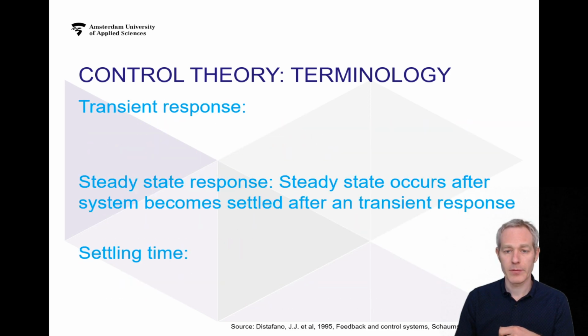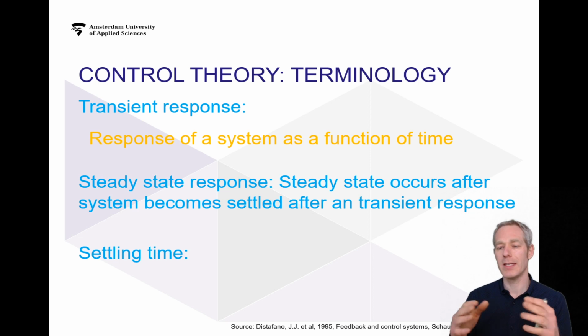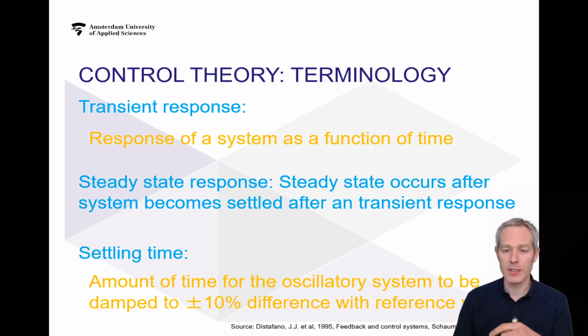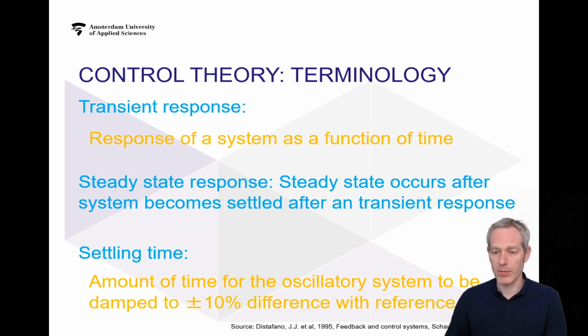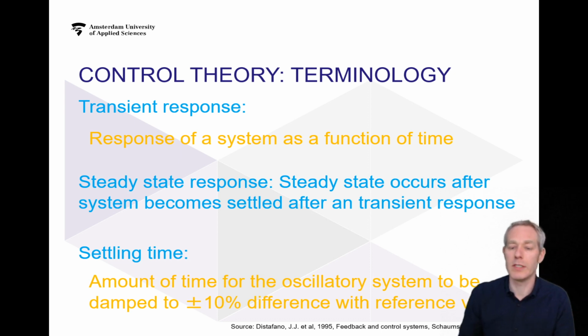All right. So the transient response, the response of a system as function of time, but only up till the settling time, which is the time it takes for the system to reach about 10% plus or minus our reference.